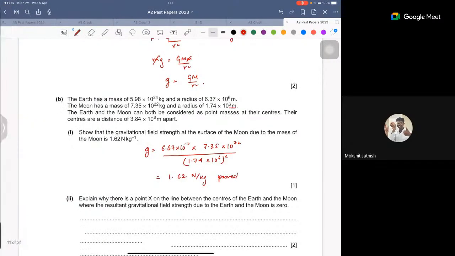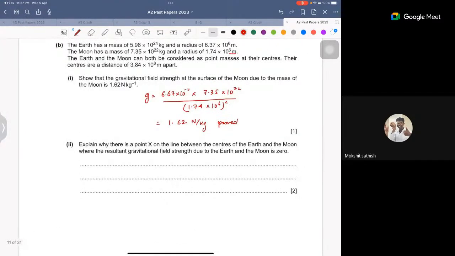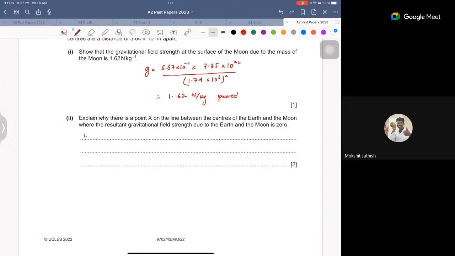And then going to the next. Explain why there is a point X on the line between the centers of Earth and the Moon where the resultant gravitational field strength due to Earth and Moon is zero. About this, first of all, if I were you, I would write that gravitational field strength is a vector quantity.